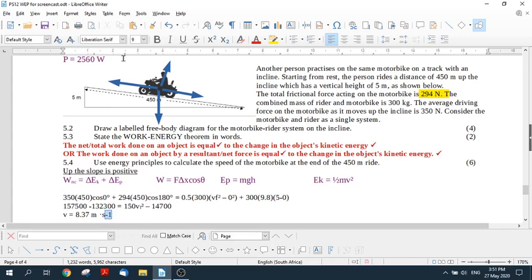So you have to figure out what are my non-conservative forces, what is my change in kinetic energy, what is my change in potential energy, and you substitute your forces into this work formula. The non-conservative work is based on the force times the distance moved in the direction of the force, and that's how you end up with your answer.